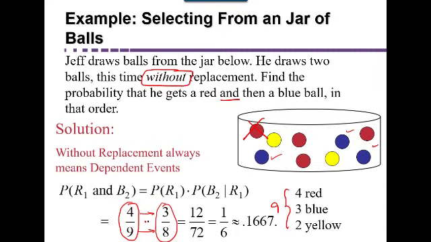And we need to multiply because it's an "and." You can either multiply straight across and get 12/72 and then reduce, or another way would be to reduce first: 3 goes into 3 once, 3 goes into 9 3 times, 4 goes into 4 once, 4 goes into 8 twice. Multiply straight across then, and you'll skip directly to the 1/6, which is approximately 0.1667.